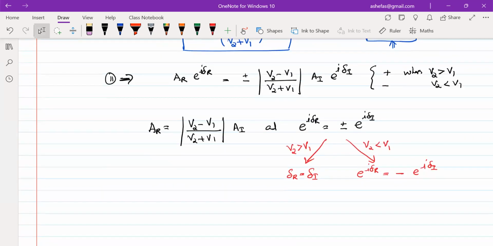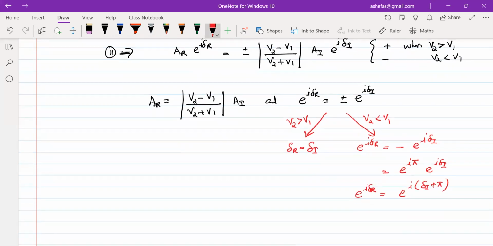So delta r and delta i are not equal. Now it is possible to write this minus 1 as e raised to i pi. Therefore, minus 1 is simply e raised to i pi. So the right side can be written as e raised to i (delta i plus pi). The left side is e raised to i delta r.